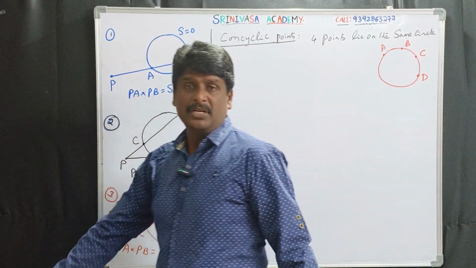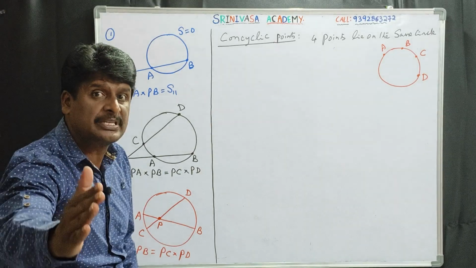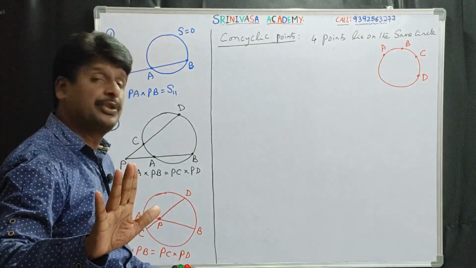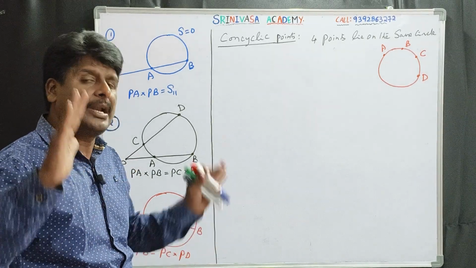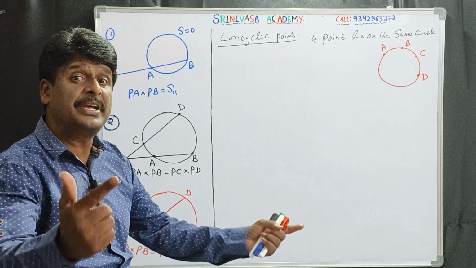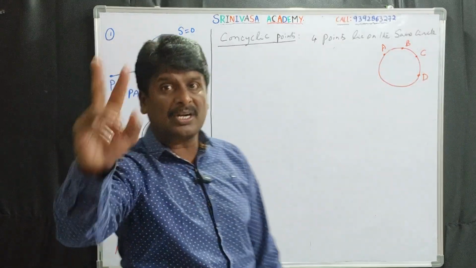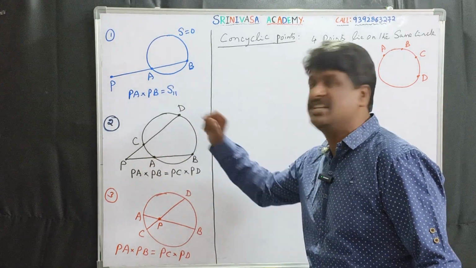In the same way, see the second diagram. P is a point that lies outside the circle, though it need not be outside the circle. Again I am telling you that the P position need not be an outside point. Sometimes it may be an interior point also. Through the point P, 2 chords are drawn to the circle, PAB and PCD.